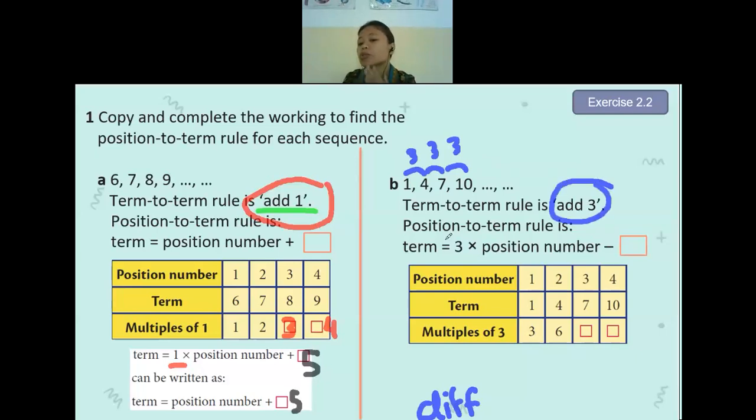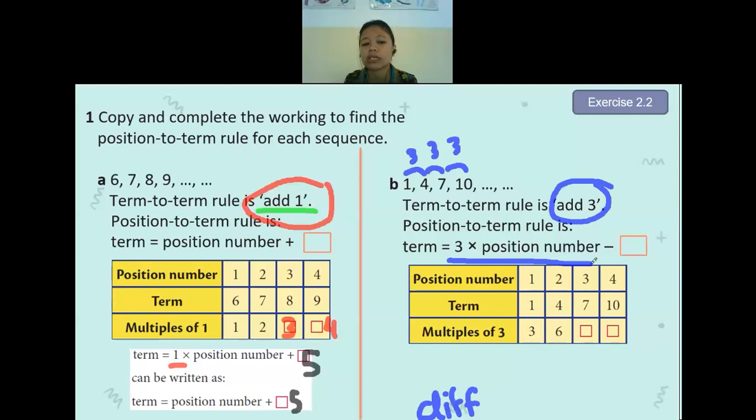Because the term to term rule is 3, for the position to term rule, it will directly be 3 times position number. It will be directly like that. If later you have the term to term rule at 5, then directly for the position to term rule, you will write 5 times position number.